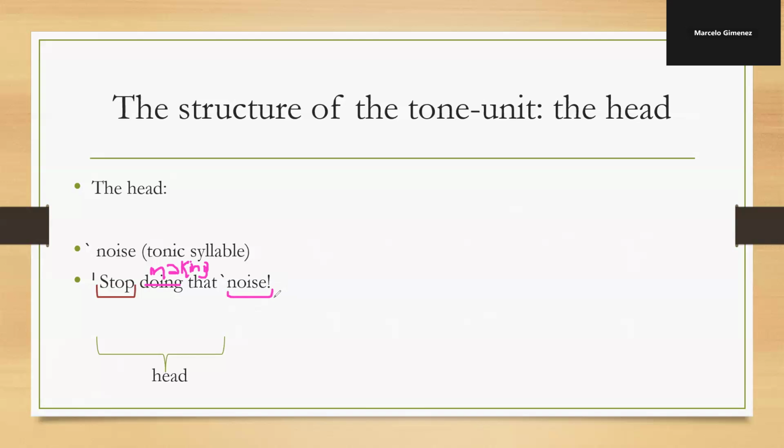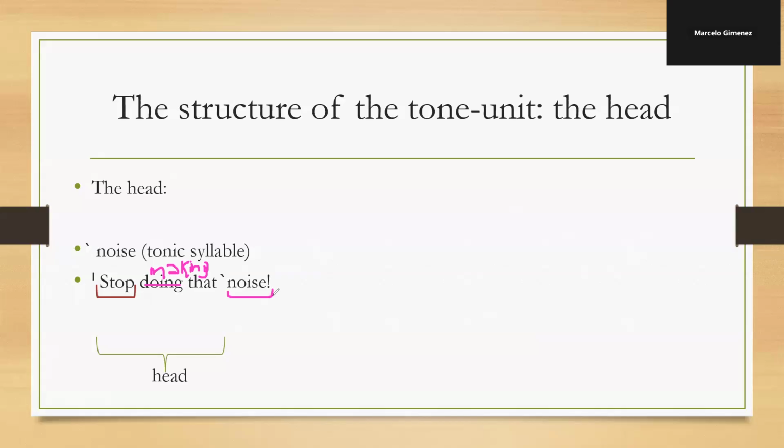This is where all the attention, the most important part of the message, actually takes place. In every tone unit, the most important syllable will be the one that takes the nucleus, or the tonic syllable. Stop making that noise. Stop making that noise.